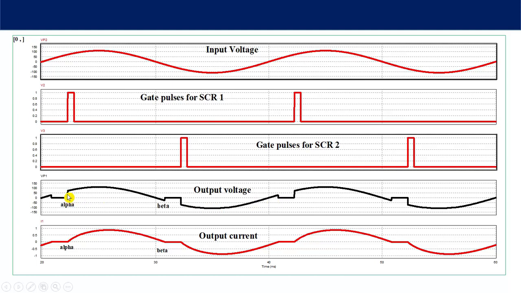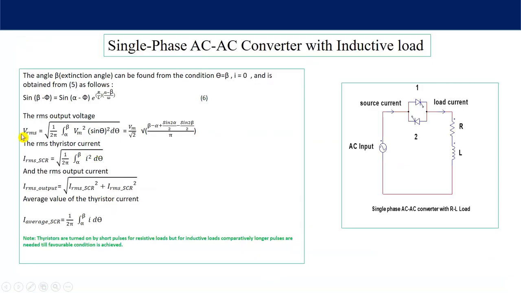So we can obtain the RMS output voltage for one pulse and multiply it by 2. So the RMS output voltage, here you have to multiply it by 2, then 1 by 2 pi integral from alpha to beta of Vm square sin square theta d theta, and finally you will get Vm by root 2 times the square root of (beta minus alpha plus sin 2 alpha by 2 minus sin 2 beta by 2) divided by pi.